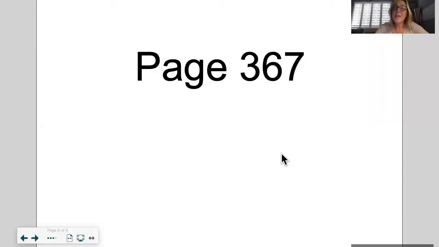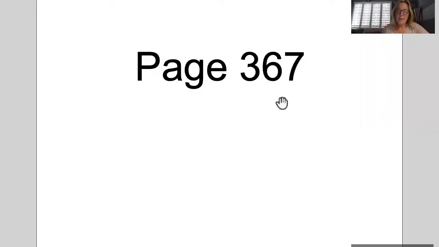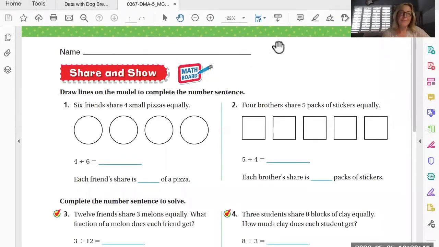So now I'd like you to open your books to page 367, please. Okay, so let's do a couple of these together. So number 1, the instructions say to draw lines on the model to complete the number sentence. So we have 6 friends sharing 4 pieces equally. Well, you can see the 4 pizzas. So how many equal parts would each one need?